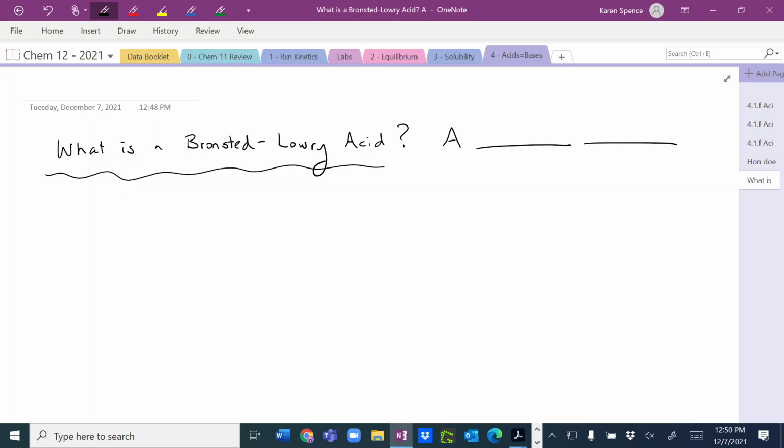A Bronsted Lowry acid is a, starts with a P, proton donor. Now, what do we mean in acid-base chemistry when we say proton?